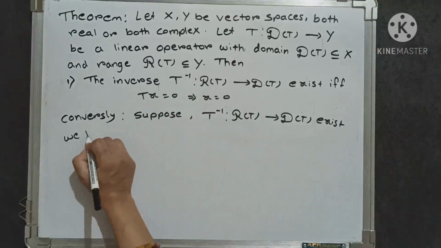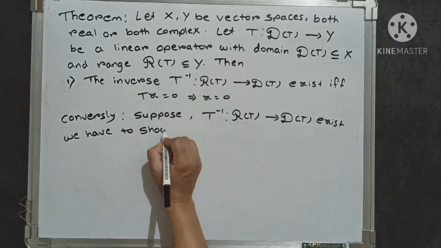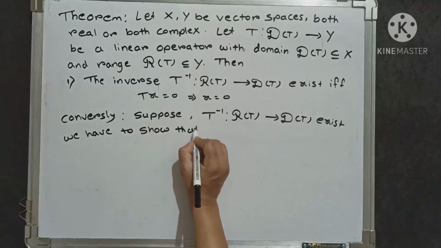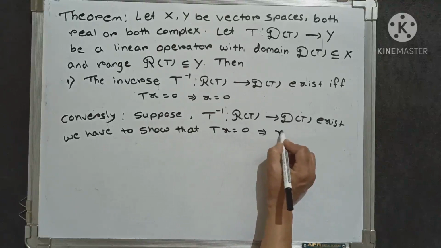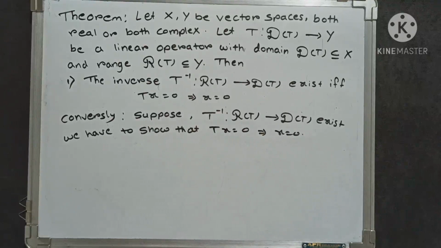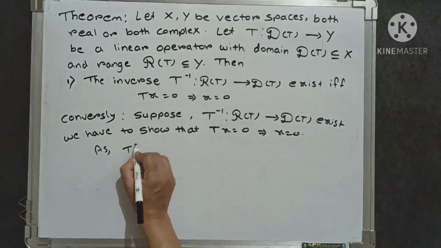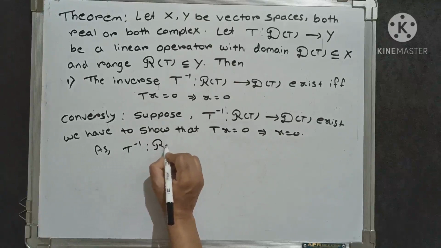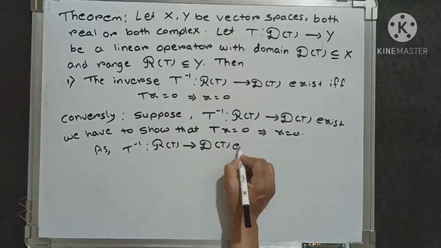We have to show that Tx equals 0 implies that x equals 0. That is what we have to show.